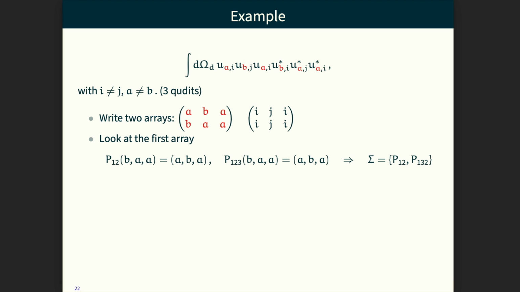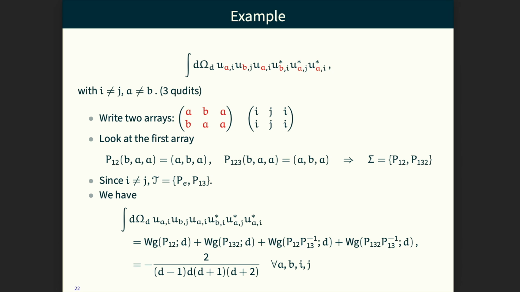And likewise here, for the taus, I can do nothing, the identity, and I can permute 1 and 3. So I have my set of sigmas, my set of taus, and I just put that in here. It's a sum of 4: 2 here and 2 here. And the answer by magic comes out to something like this.